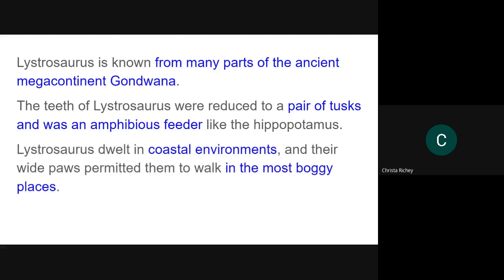But a lot of these particular therapsids, they all eventually went extinct. A lot of them had these basically functionless tusks, but then they had a turtle-like beak that they would use to be able to eat whatever the vegetation was.